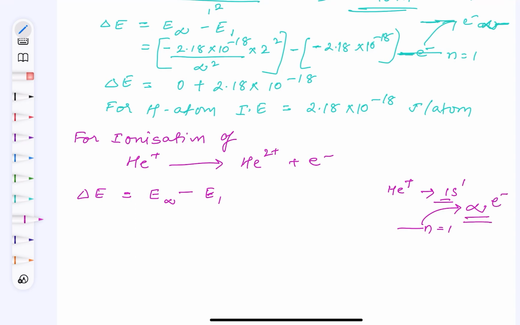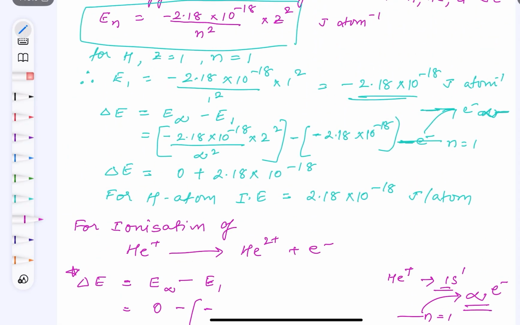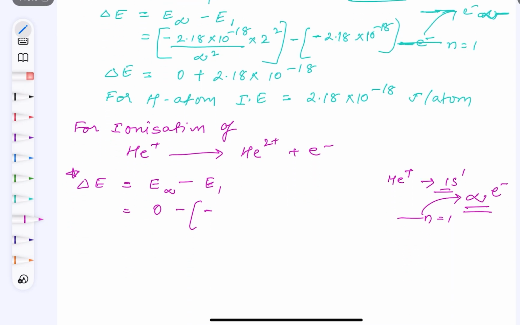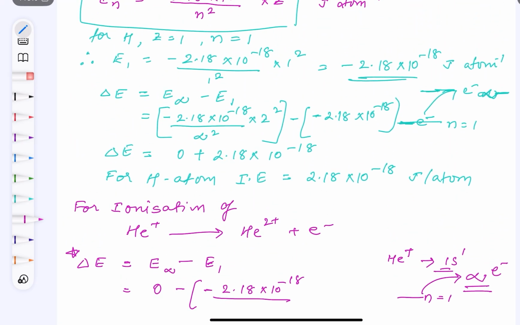So now if you try to find out this delta E, which they have asked you in the question, this is the main question they are asking you to find out. Fine. Now as I told you above, your E infinity would be 0 minus the formula you have for E here, E n1 is minus 2.18 into 10 to the power of minus 18 divided by, I told you the formula has n square in the division.